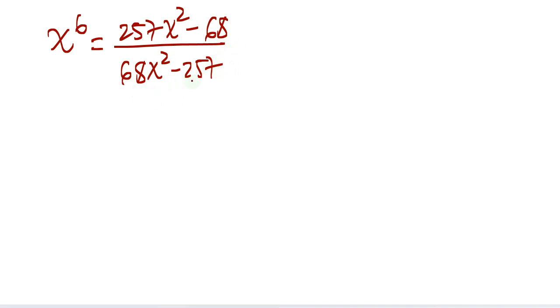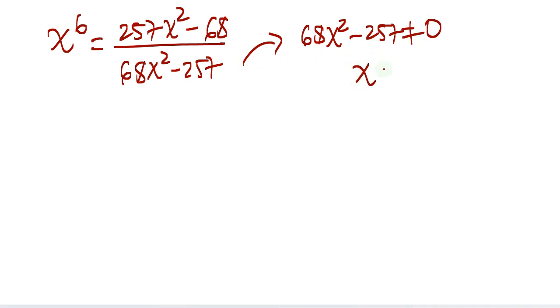Well, to start solving this, guys, I'm going to say that this denominator here, 257, has to be different from 0. So from here we have that x has to be different from plus or minus the square root of 257 divided by 68.